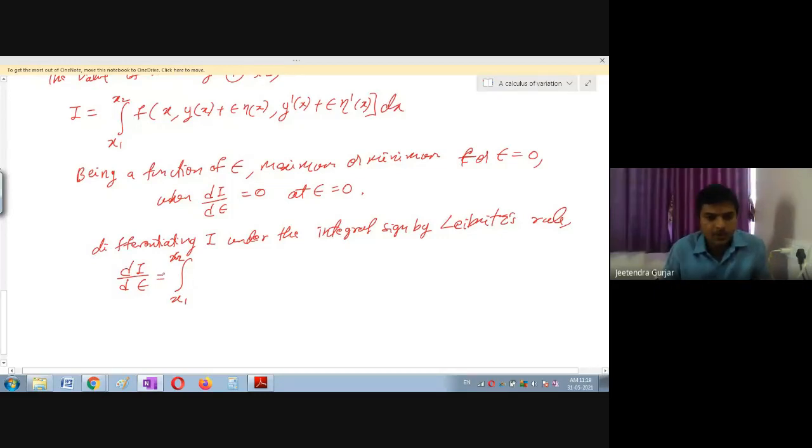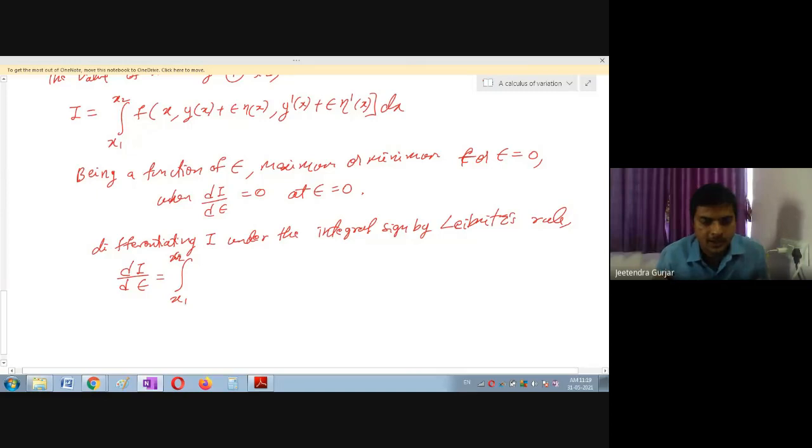Because here we have more than one independent variable, x is there, y is there, y dash is there, but we want here only one independent variable. Therefore we use this. So there are again three functions, x, y, y dash. One by one we will simplify this.